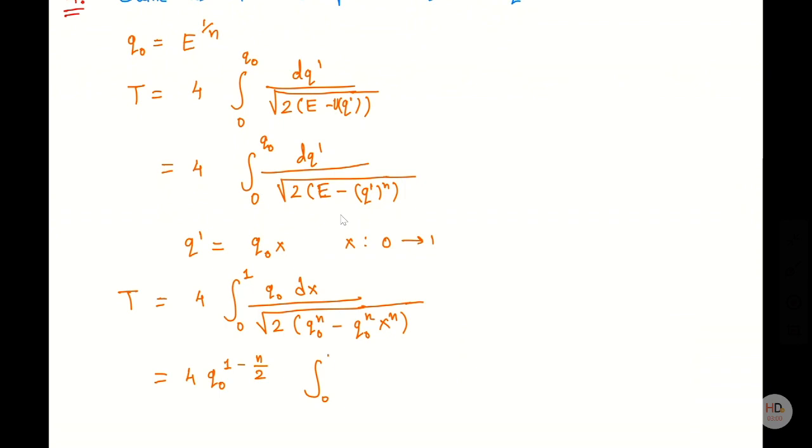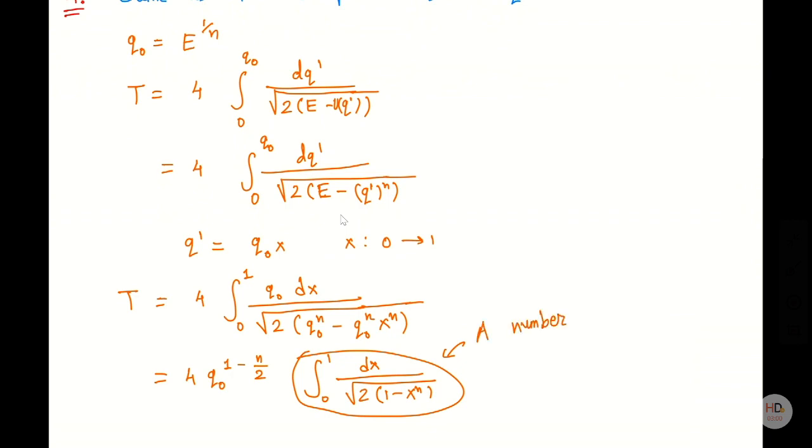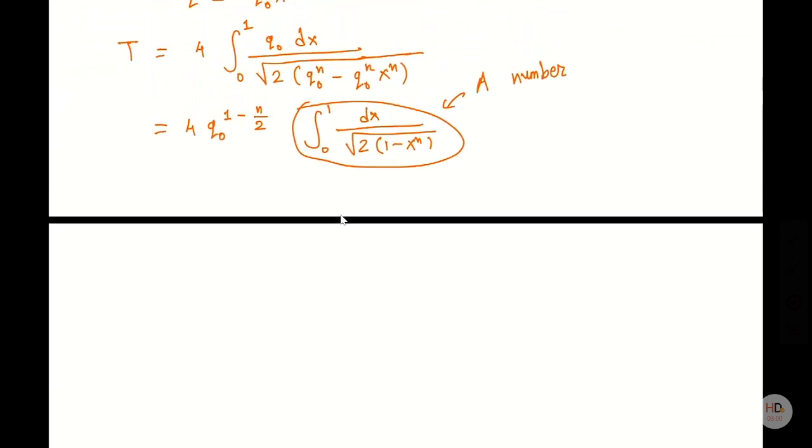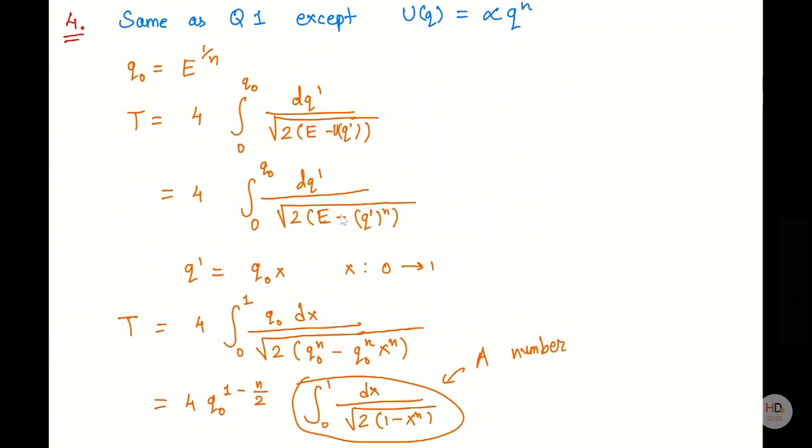And then a funny integral which we don't know how to solve. Maybe some of us know, but it doesn't matter. It's just a number, same as previous. And then q0 itself was e to the power 1 by n.